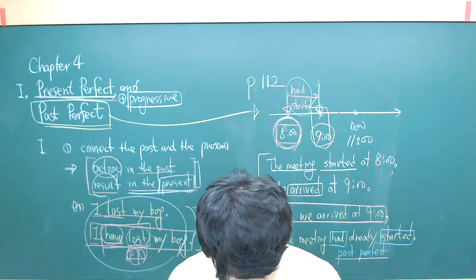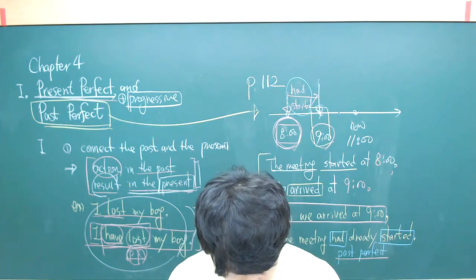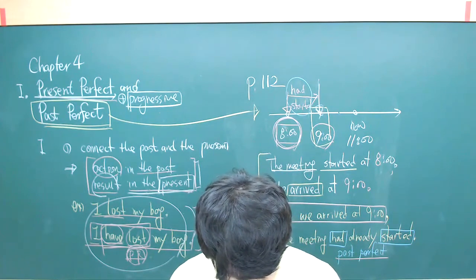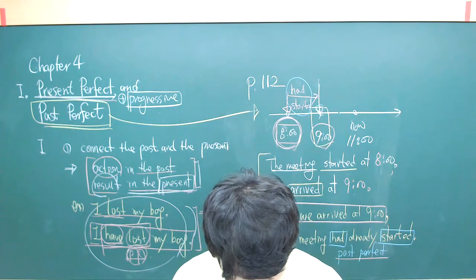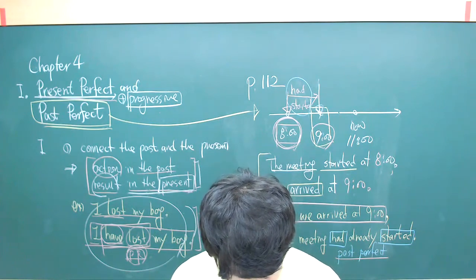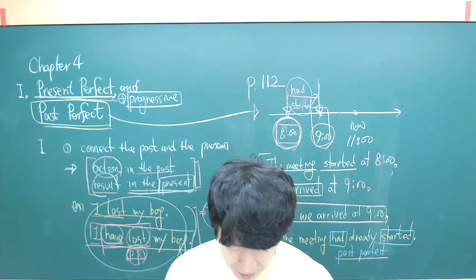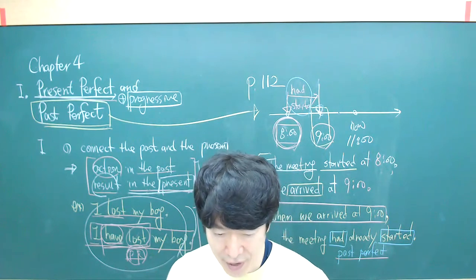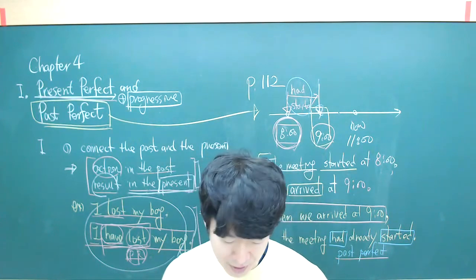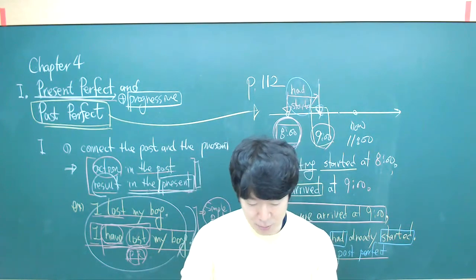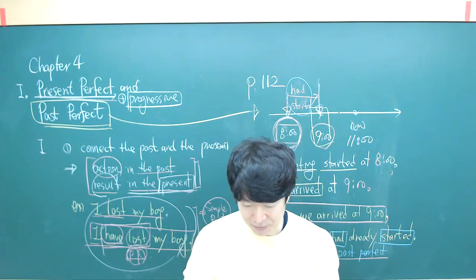Situation: Jack left his apartment at 2, and Anne arrived at his apartment at 2:15 and knocked on the door. When Anne arrived, Jack wasn't there. He had left. It happened before a specific time in the past. You can use past perfect in that case.